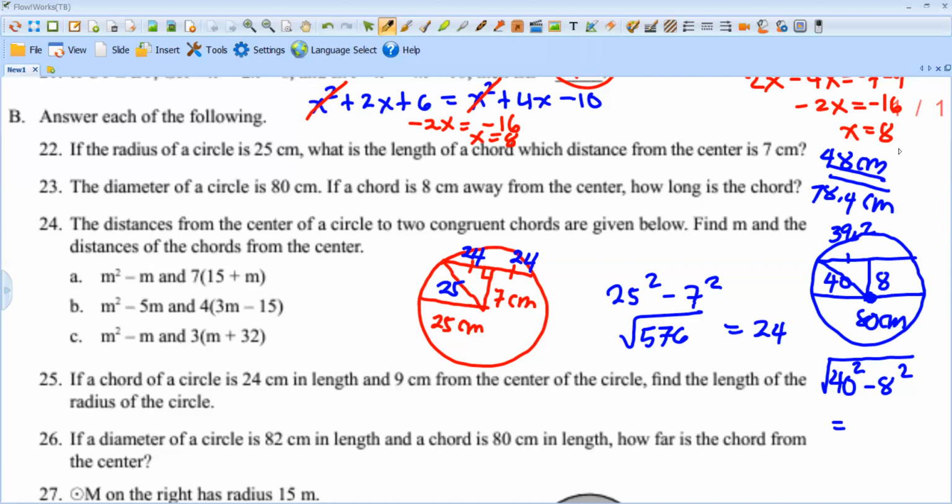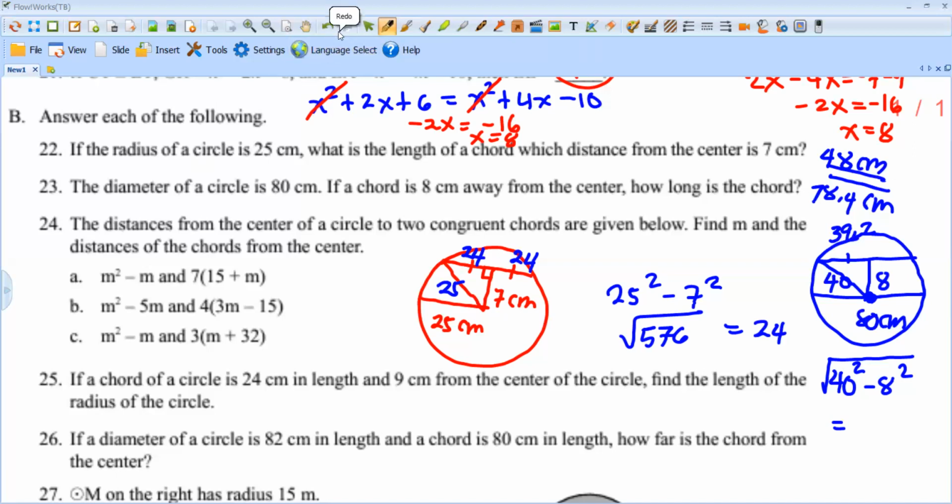Okay. So read number 24. I can see the screen. Sir, read number 24, sir. Yeah. The distances from the center of a circle of two congruent chords are given below.